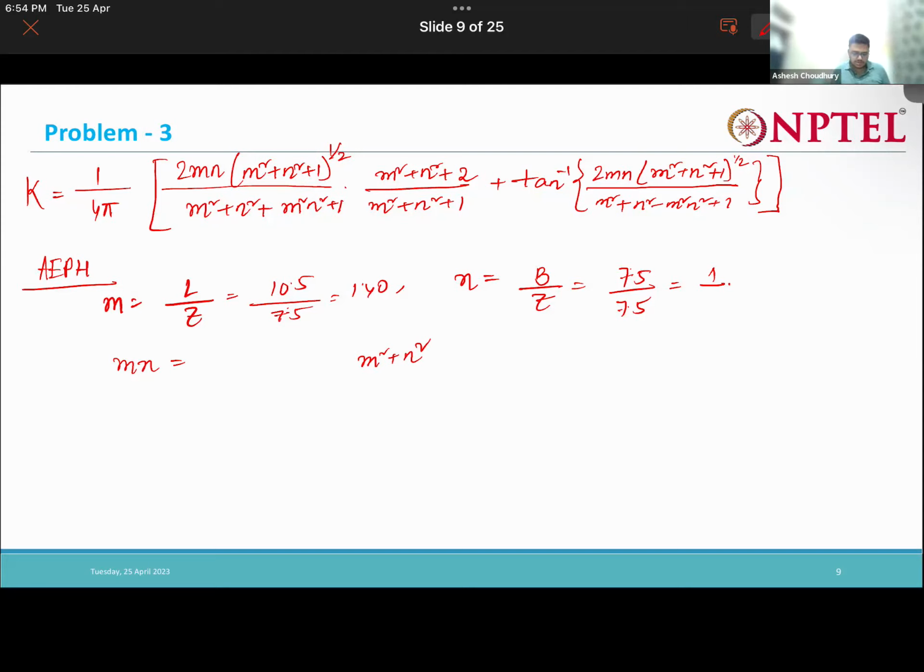So this Mn is 1.4, and M square plus N square is 2.96. Okay, then we can put in this K.